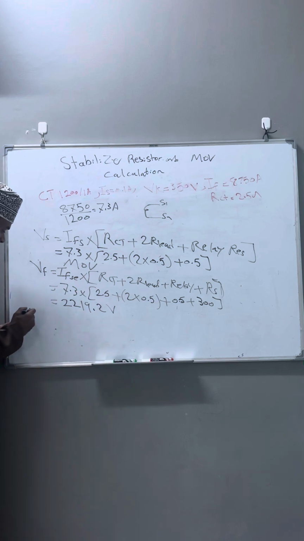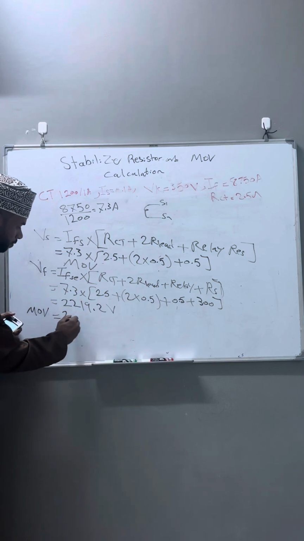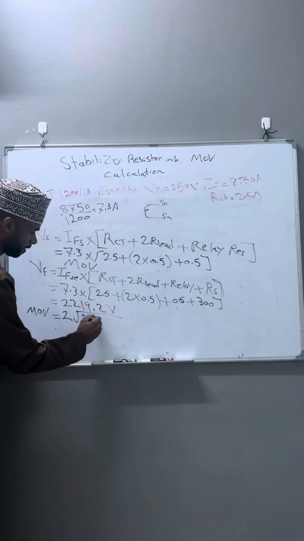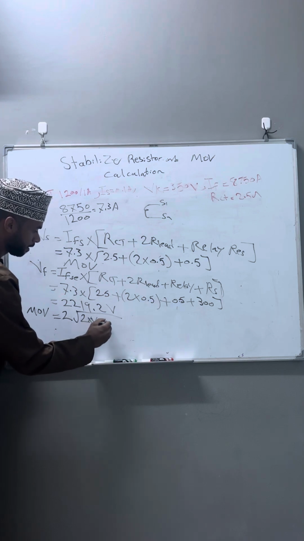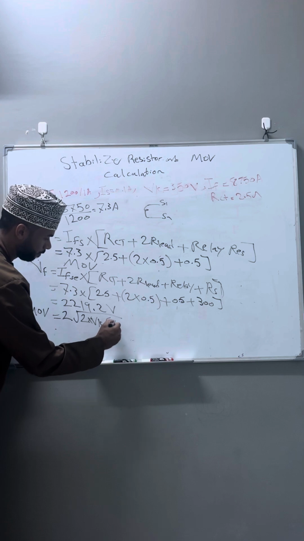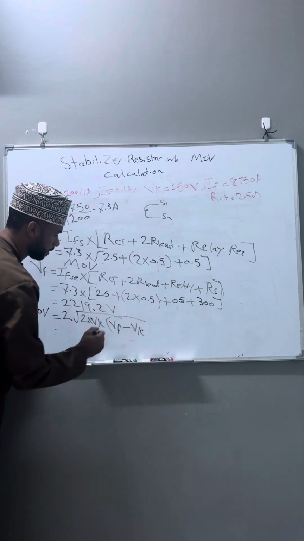Okay, now let's calculate the MOV. The MOV, the metrosil resistor, will be equal to what? The equation is 2 root 2 multiplied by VK, the knee point, multiplied by the square root of V fault minus VK. Okay, this is the equation.